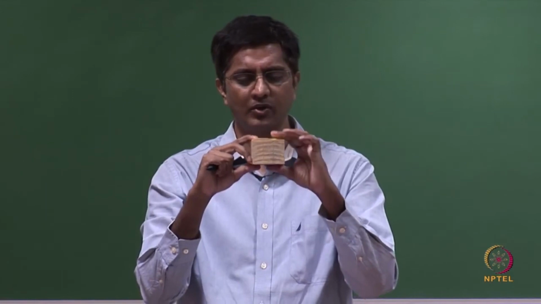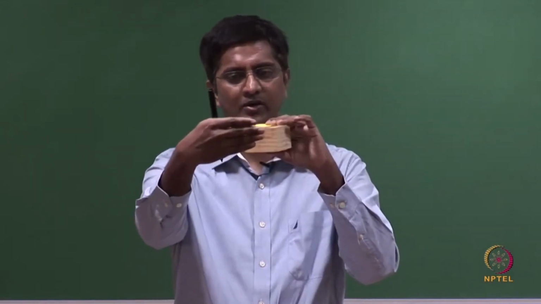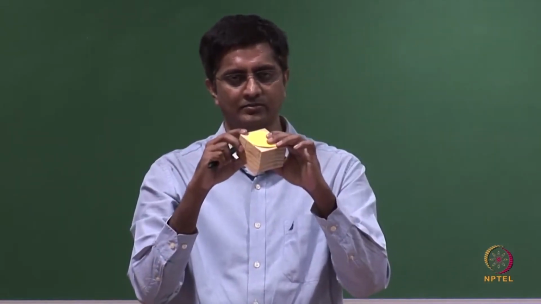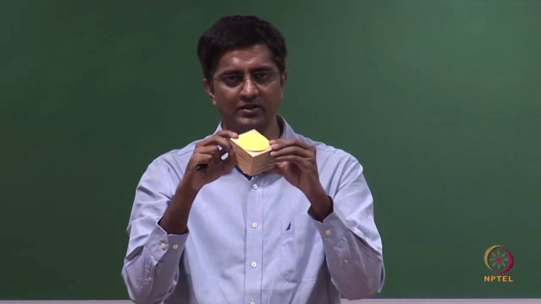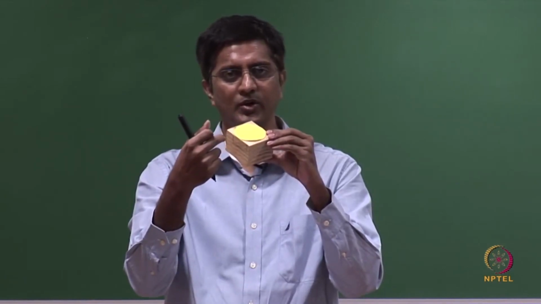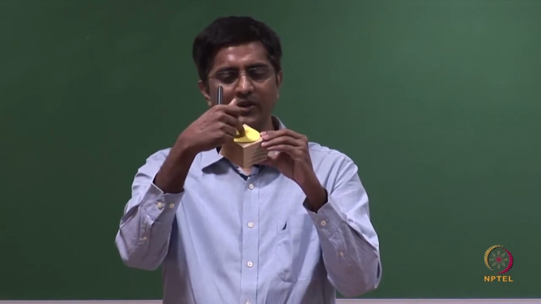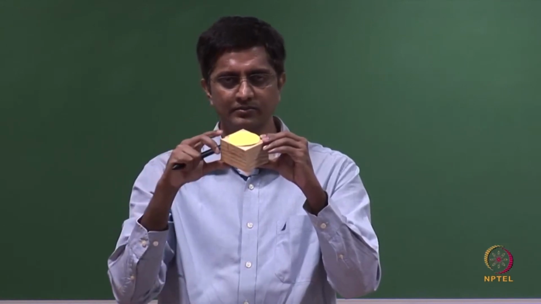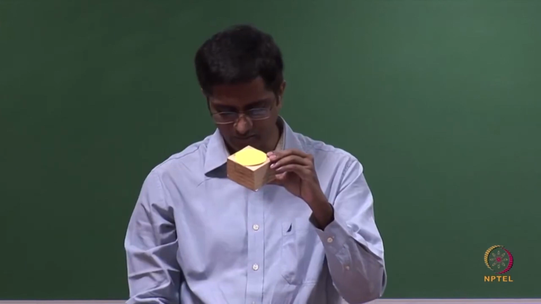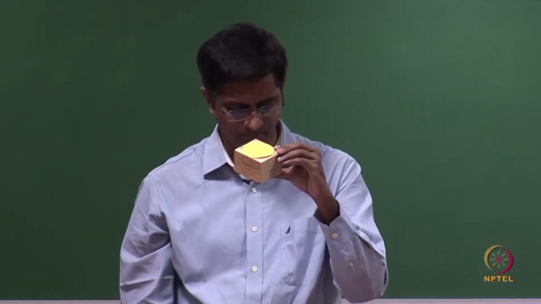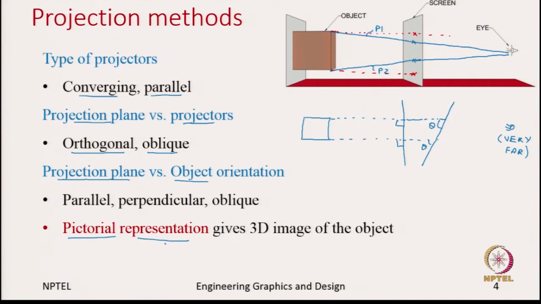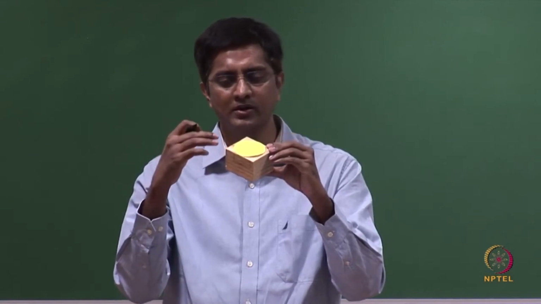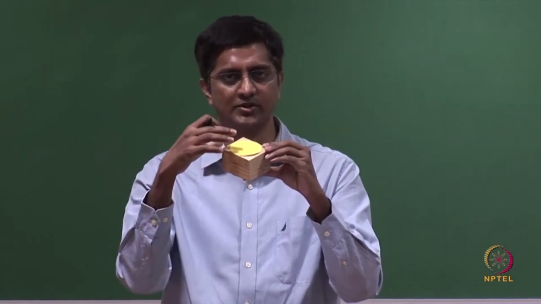For example, instead of having it parallel or perpendicular to the projection plane, I can have it at an arbitrary angle. Let us say I hold it in this fashion, such that when you are looking at it, you will be able to see three faces of this cube: this face which has this yellow circle, and the second and third faces. This leads to something called pictorial representations. Pictorial representation means if I orient this cube in this fashion, you can see the three dimensional view of this object.